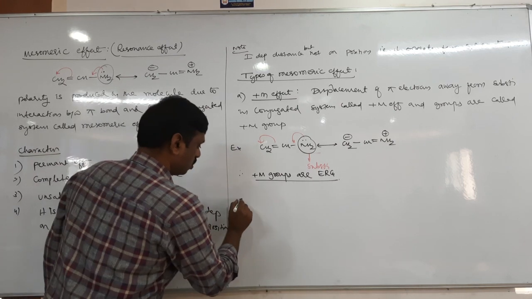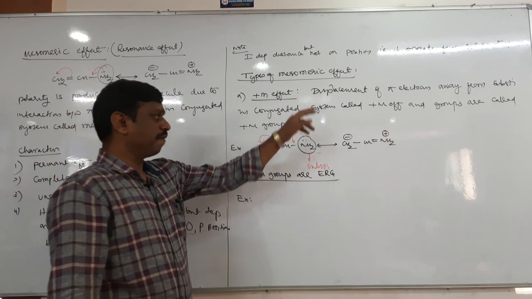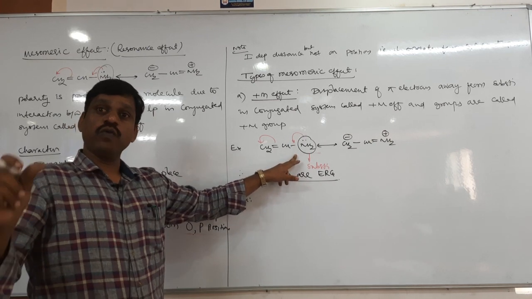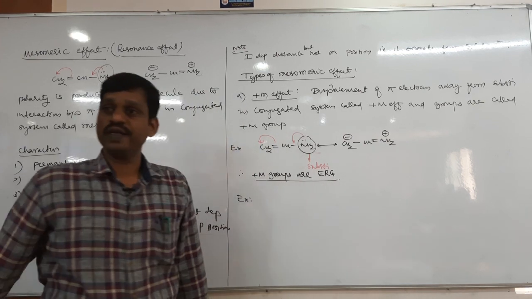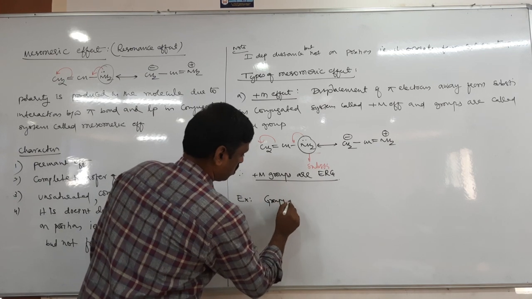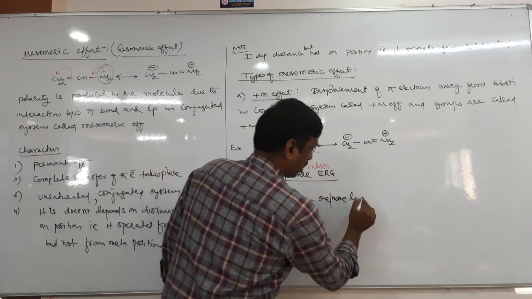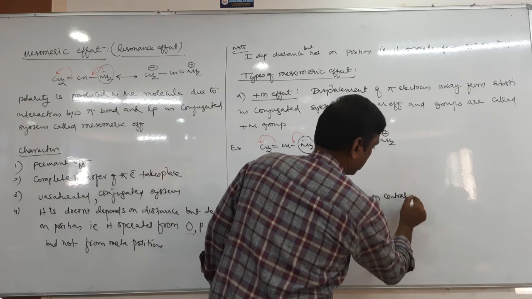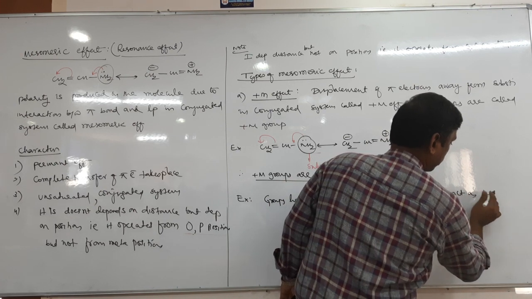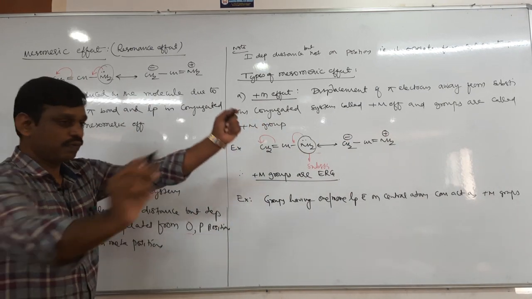Next, what are the examples for plus M groups and how to identify them? In the previous class also we have studied that groups having one or more lone pair electrons on the central atom can act as plus M groups, right? Can you tell me examples?